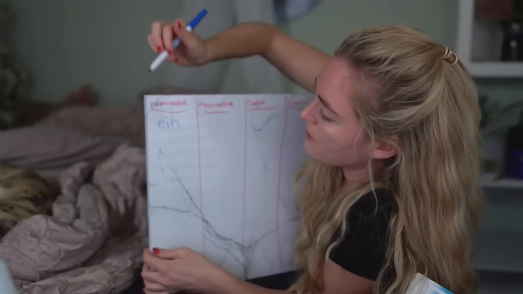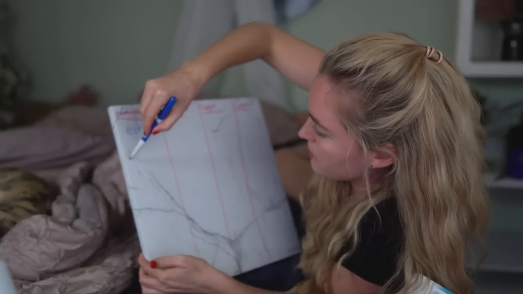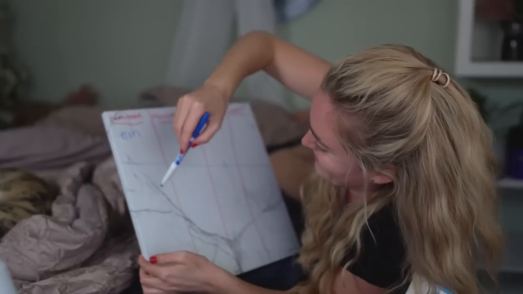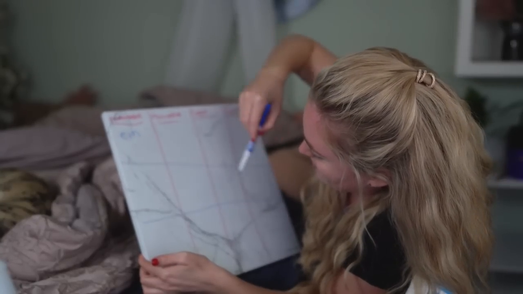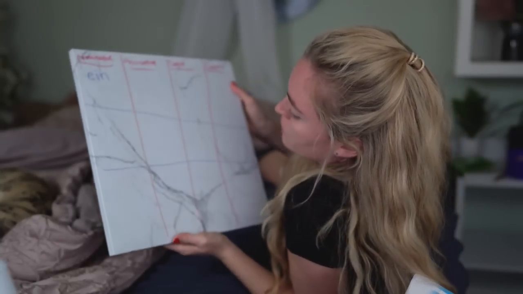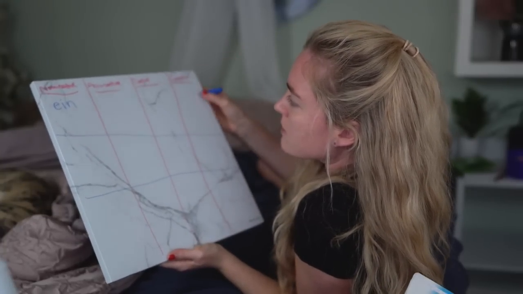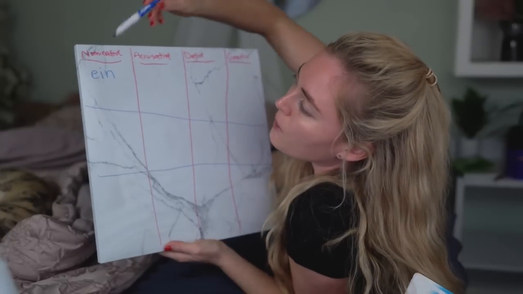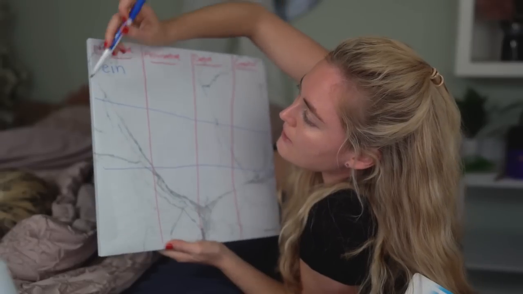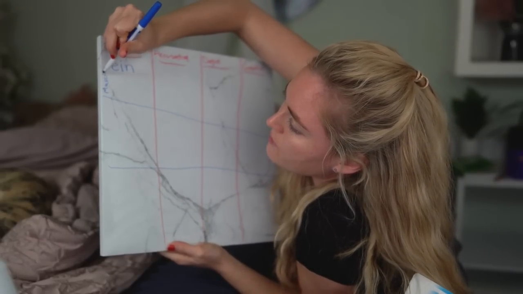And I'm gonna write masculine like a column for, oh my gosh, my lines are terrible. Masculine, feminine, neutral. So yeah, so nominative, that's how you say A in German for masculine. And we'll write masculine here.